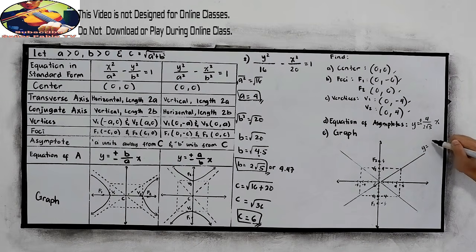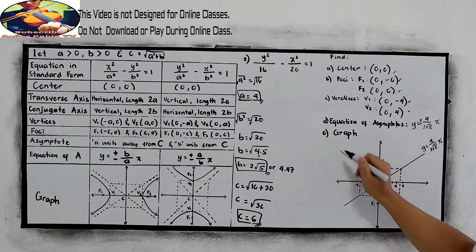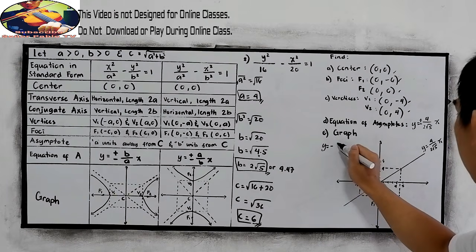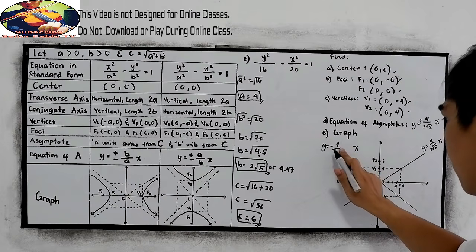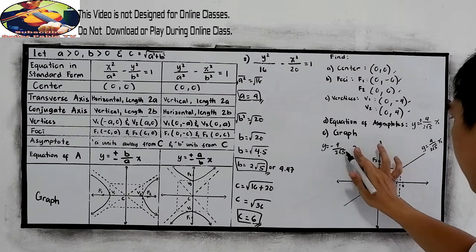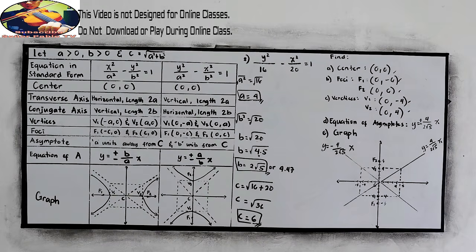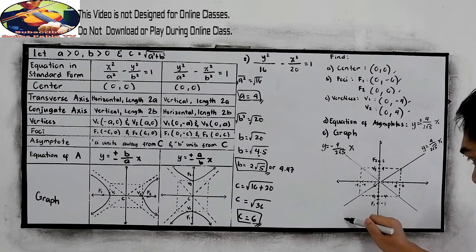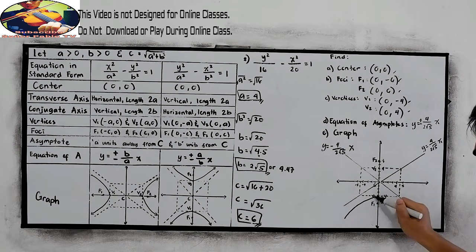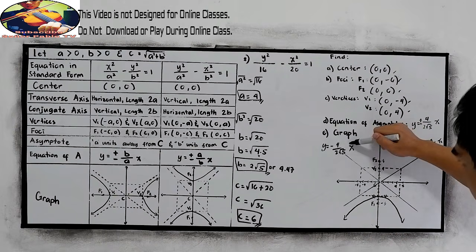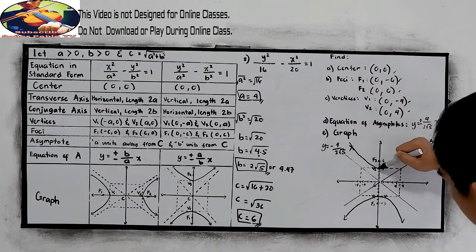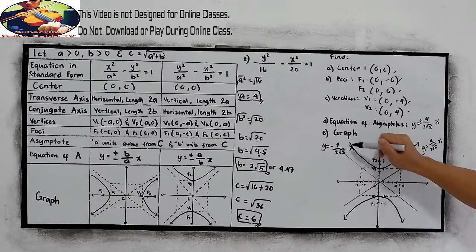So y is equal to 4 over 2 square root of 5 x, and the other one, y is equal to negative 4 over 2 square root of 5 x. And for our graph, this will be our graph, and the other one passes through the vertex. That's it. That will be our graph.